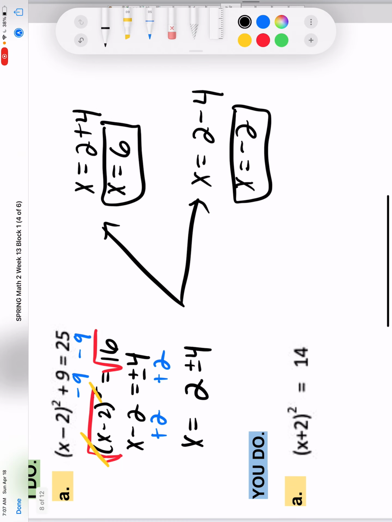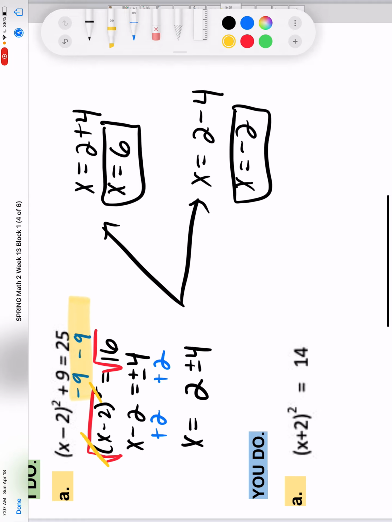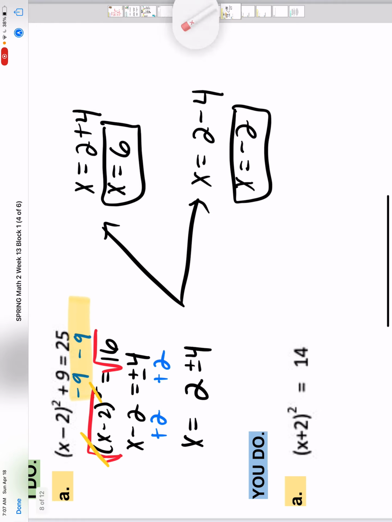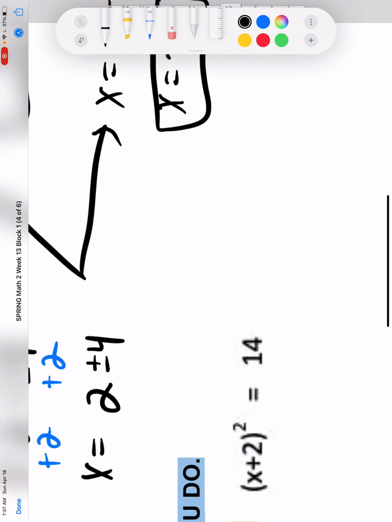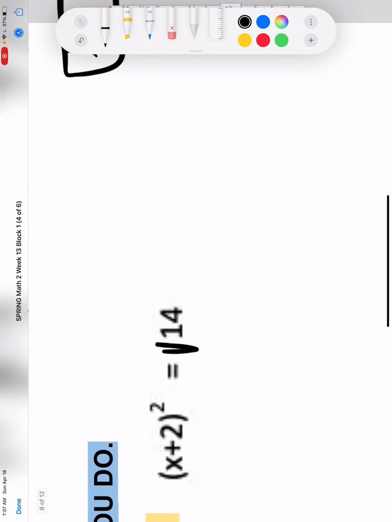Part B is very similar, only you don't have to add or subtract right away like I did up at the top. Your square is already alone, so you could start by taking the square root. Don't forget to put a plus or minus. Now, for this one, once you take that square root of 14, you're going to notice that 14 doesn't have a perfect square, so that's okay.